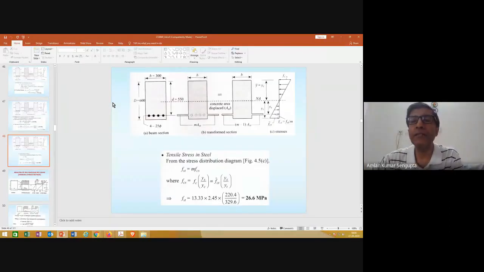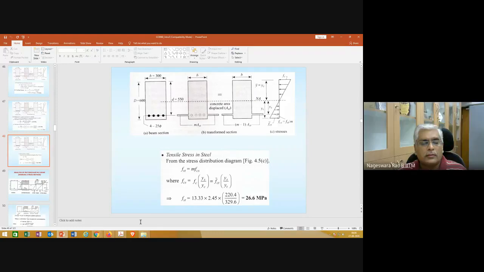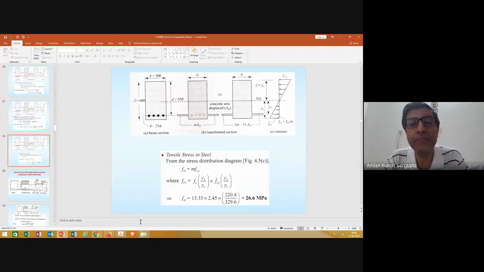Okay, let me just add some comment. See, the working stress method is typically used for serviceability checks. Now, this particular problem gives the essence of whether, under service condition, a section will crack or not. This has an implication in durability checks.